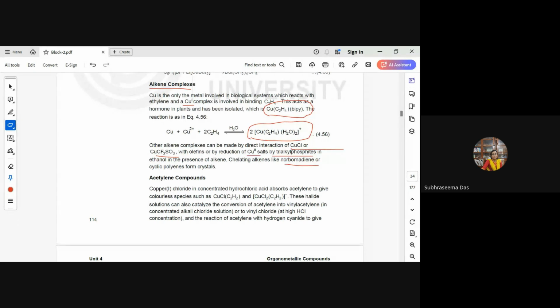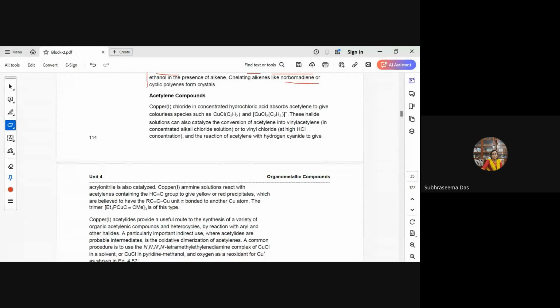Because of the presence of this copper(I) complex, we find copper is the only metal which is involved in biological systems. Now, copper(I) chloride in concentrated HCl absorbs acetylene to give a colorless species, CuCl2C2H2 minus.